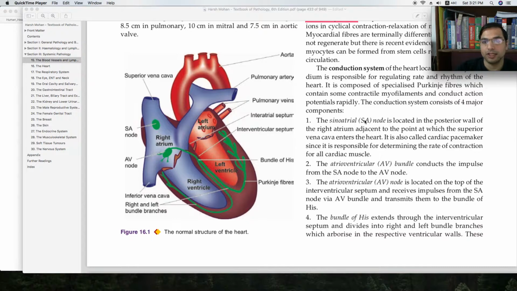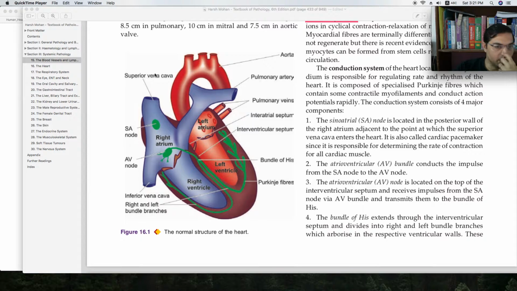So the SA node is located at the posterior wall, right, not at the anterior wall. It is located posteriorly, towards the posterior chest, at the point where the superior vena cava enters the heart.